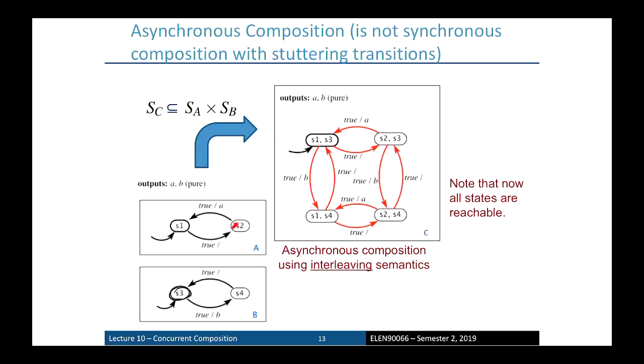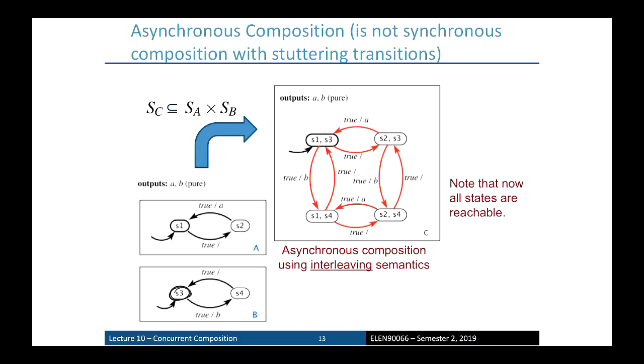This one has transitioned before this one has. Okay, so we have that possibility now. And consequently, the other way, if B reacts before A, we can actually end up in a joint S1, S4 state here. What that means is that all the states are now reachable. You can see all those four possible combinations of states are reachable because you're allowing for things to happen out of order.